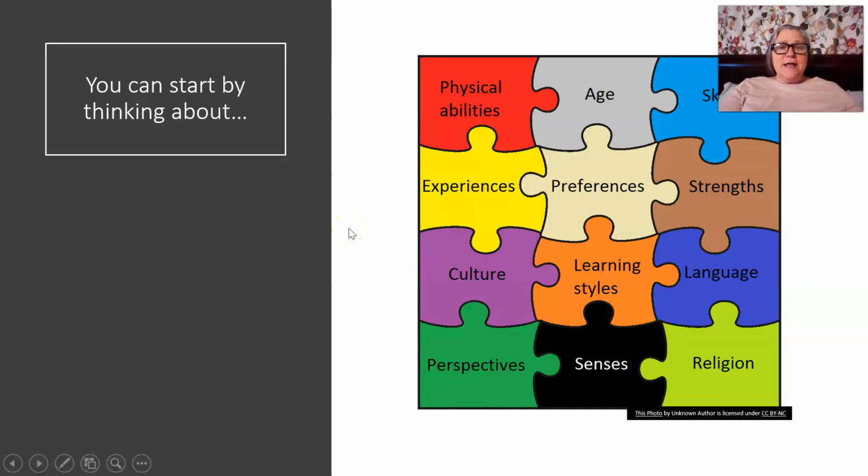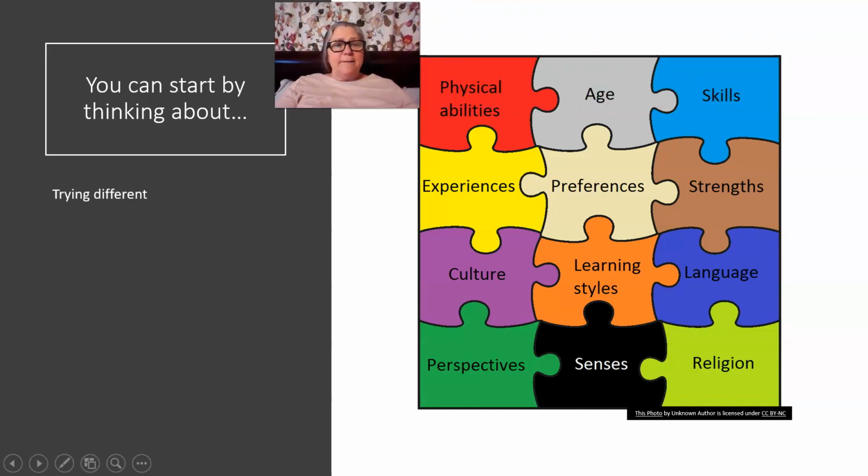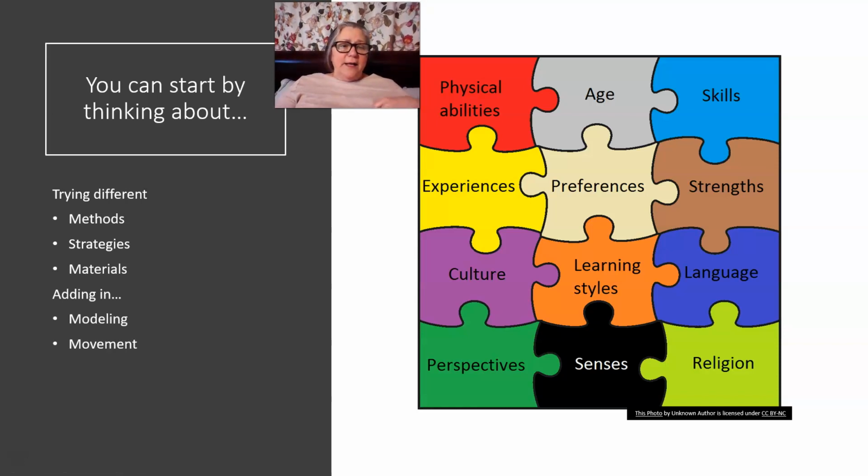You can start thinking about differentiation in a number of ways. You can definitely start by just trying different methods, strategies, and materials, then adding in some modeling, movement, art, music, demonstrations.